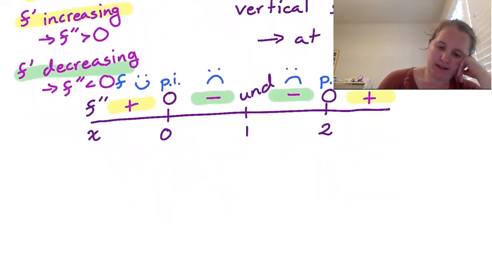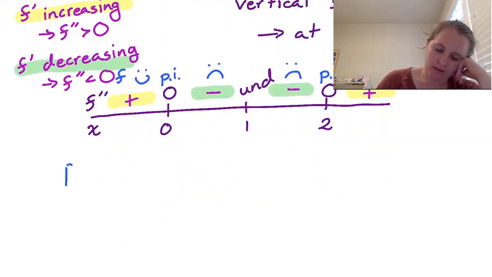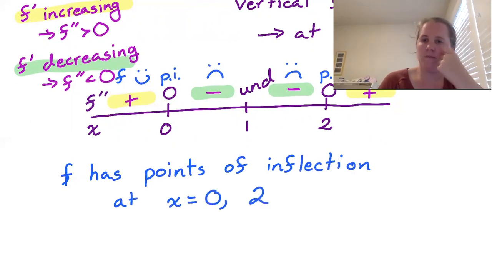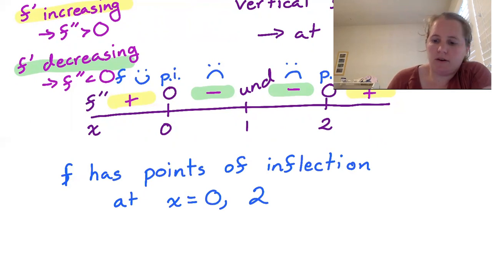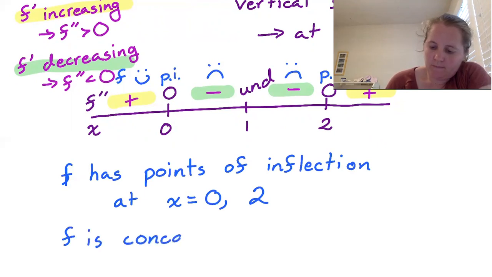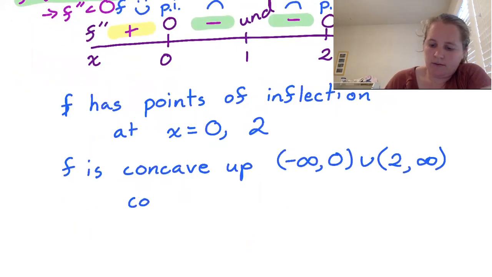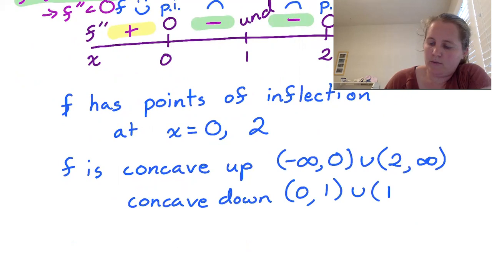So if we list this out, f has points of inflection at x equals 0 and 2. f is concave up from -infinity to 0 and from 2 to infinity, and concave down from 0 to 1 and from 1 to 2.